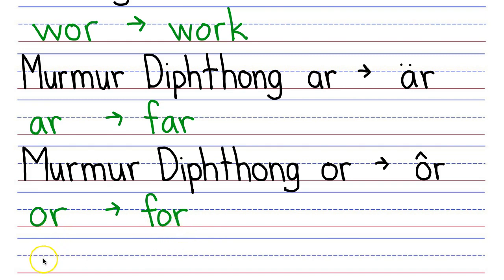The OR sound can also be spelled with OUR, like in the word pour. P that says P, OUR that says OR. Say it together fast, pour.